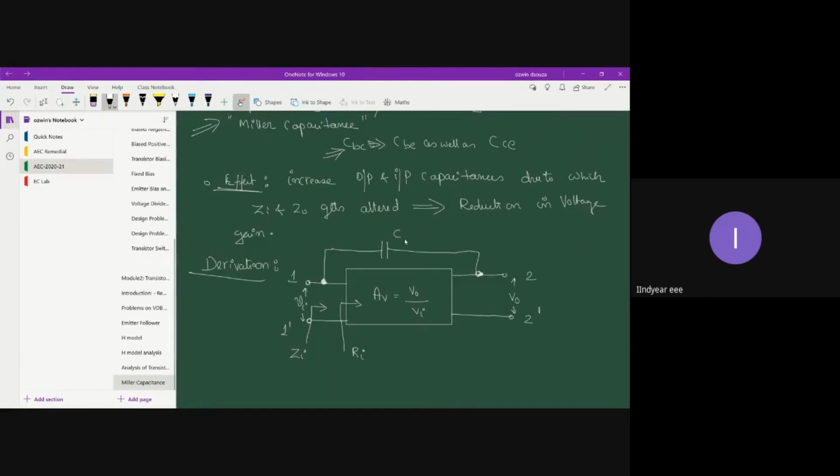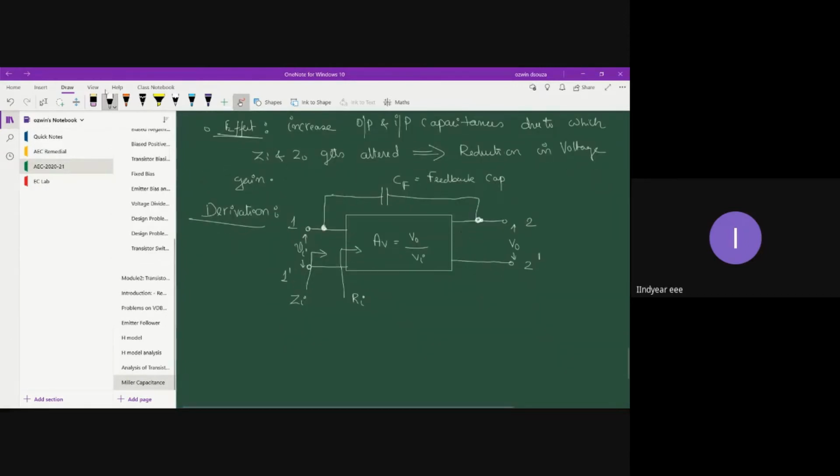Let us take this capacitance as CF, the feedback capacitance. Why feedback capacitance? Because it connects the input terminal and the output terminal virtually. That's the reason it is called feedback capacitance.